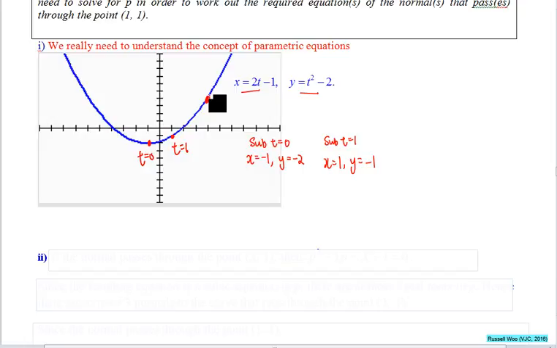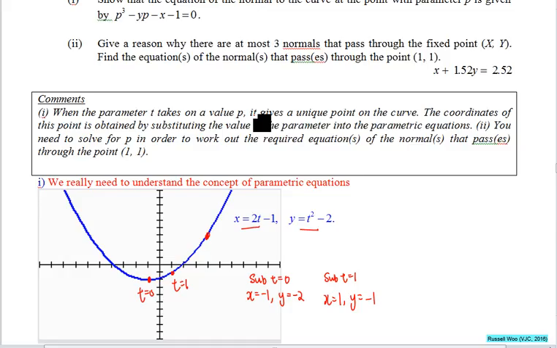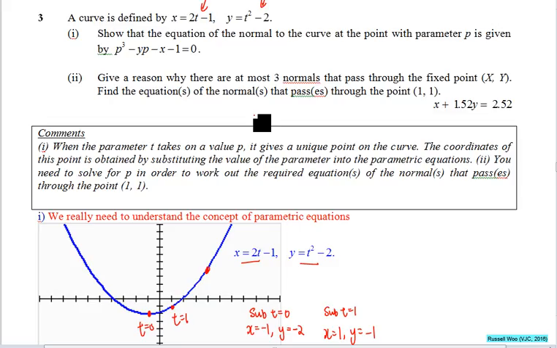Now, let's take a look at the question. The question asks, show that the equation of the normal to the curve at a point with parameter p is given by this. That means parameter p means what? At this point, the parameter is 0. That means t takes on 0.